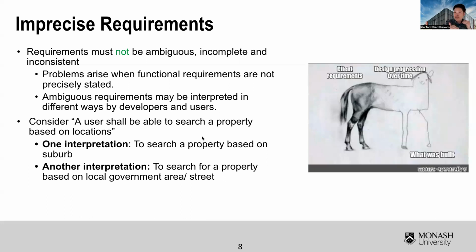Do you mean the address or the suburb or the street, right? So if we can put it in more detail, to search for a property based on the local government area, based on the street or that kind of thing, that is more specific, and then developers can decide the right input value, decide the right UI, decide the right database, architecture, diagrams, that kind of thing as well. Okay, so be clear as much as possible, then it will be very helpful to the developers.